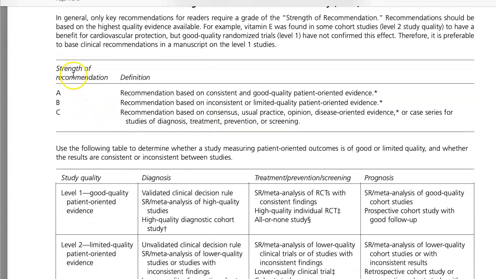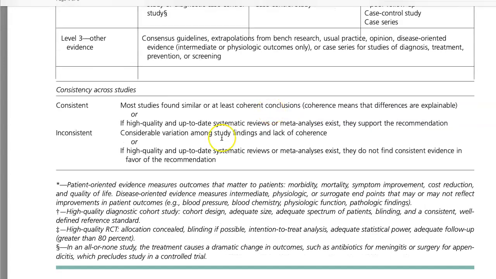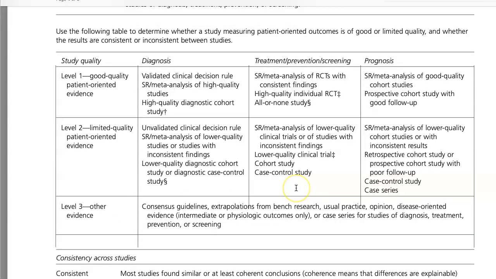Okay, so strength of recommendation A, B, and C. A, recommendation based on consistent and good quality patient-oriented evidence. What does the little asterisk right there mean? Patient-oriented evidence measures outcomes that matter to patients that we just talked about, okay?